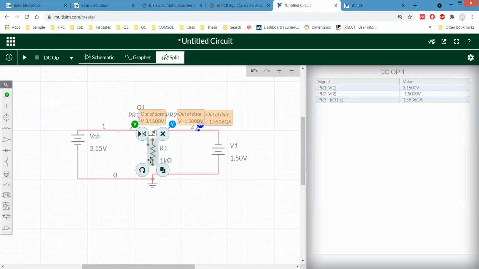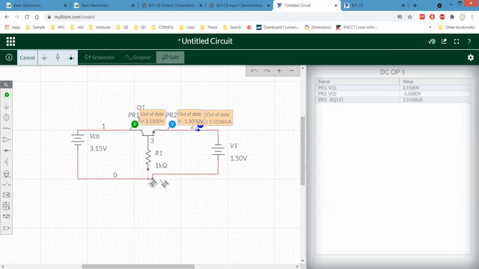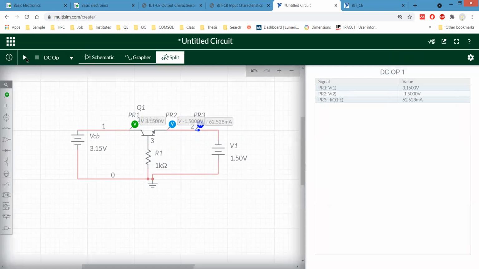In VLab, I think you can see that it is in milliamps. Okay. It should be realistic. Otherwise, how?